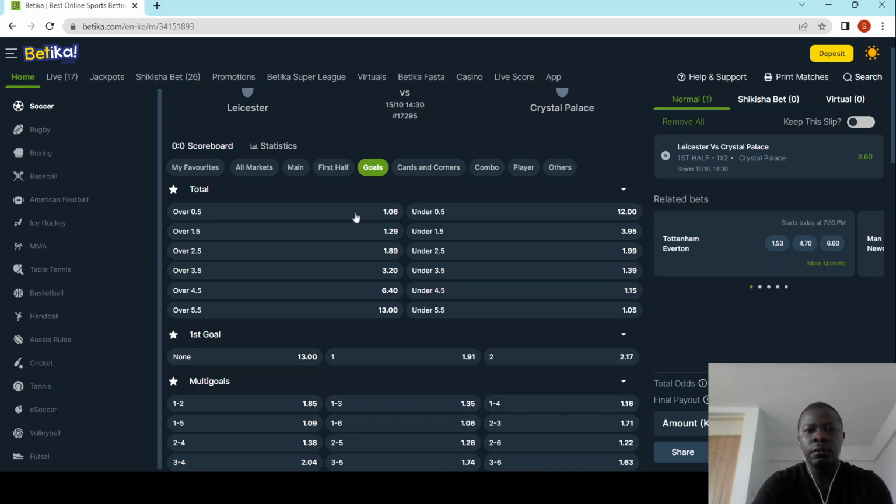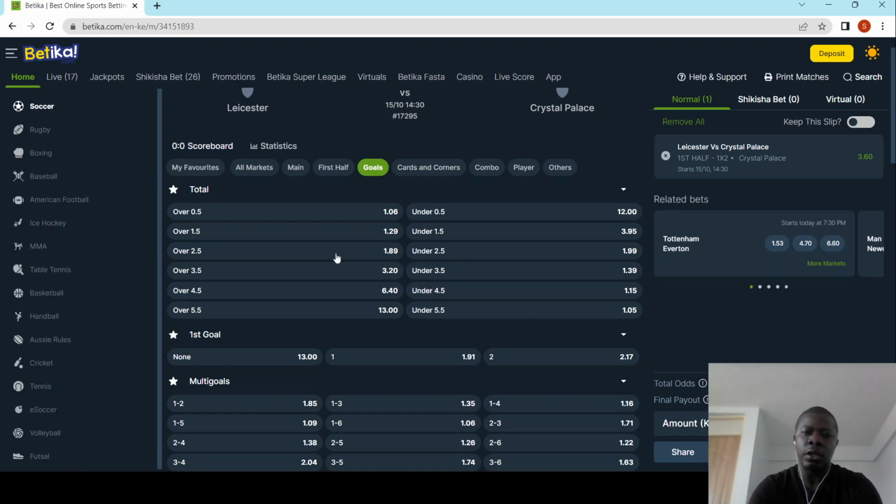So you can bet on, and this is when it comes to goals, for example, here, the total goals for this particular match. You can bet on which one, depending on how you've done your analysis. And if you don't know how to do your analysis, we also have a video that gives you predictions and statistics.